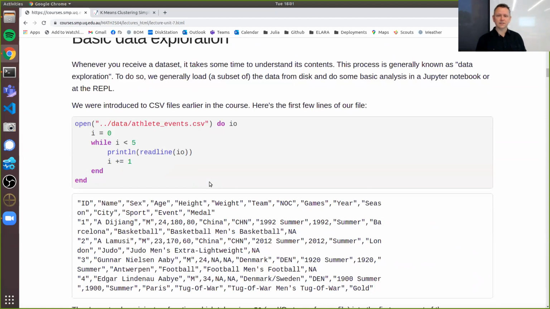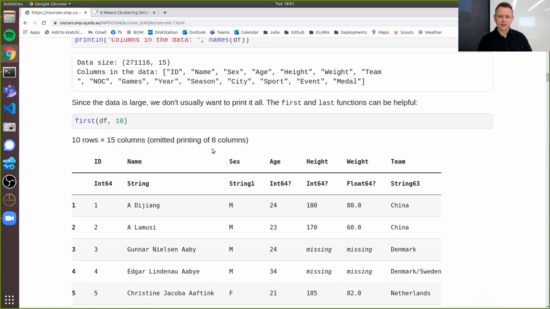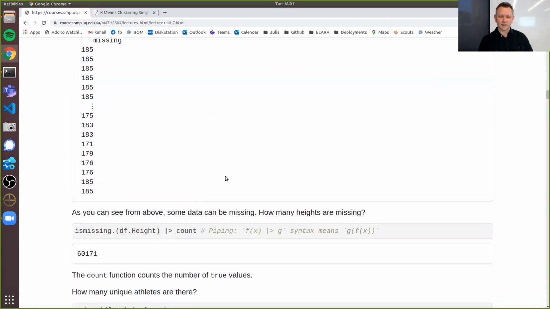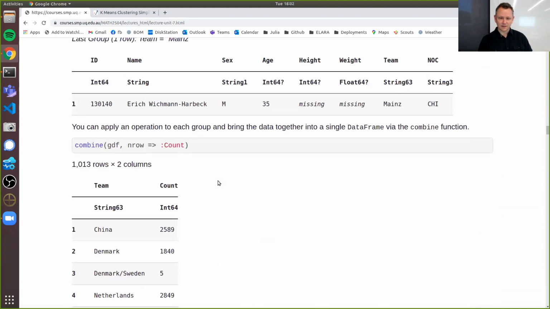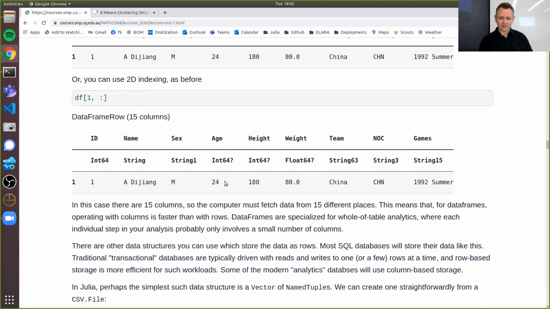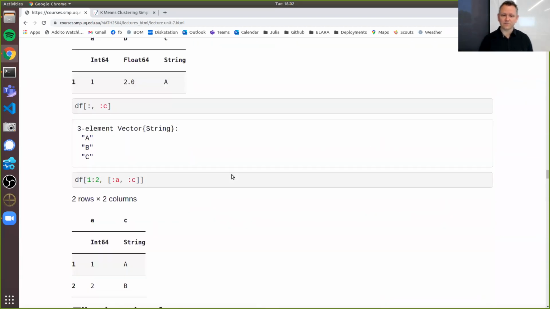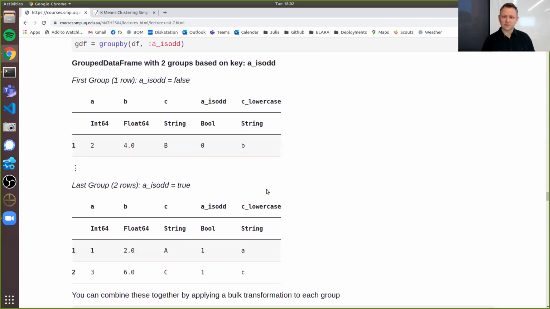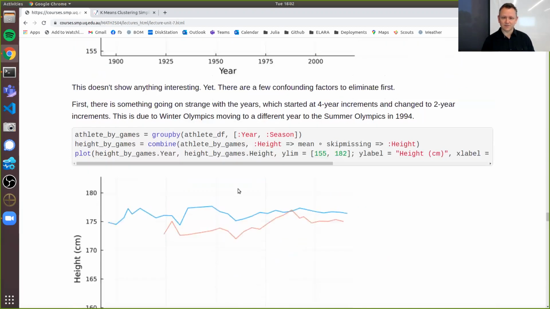Okay, so we went through an example of looking at athlete data from the Olympic Games. We had a 40 megabyte data set, and we did a whole bunch of analysis on it, culminating in the fact that we could observe athletes getting a bit taller over time, but only if we slice the data up correctly because of confounding factors.